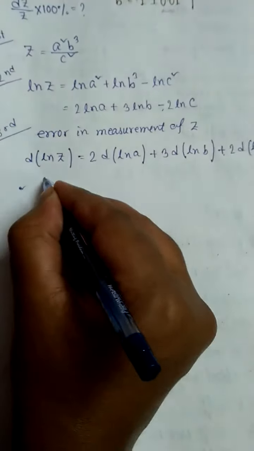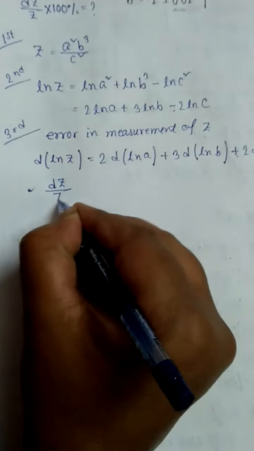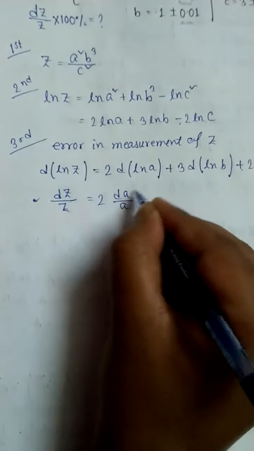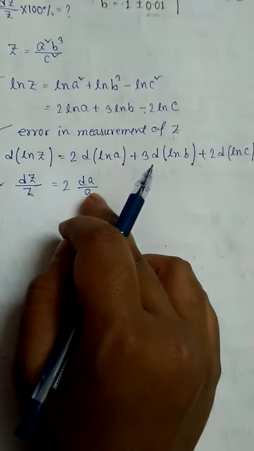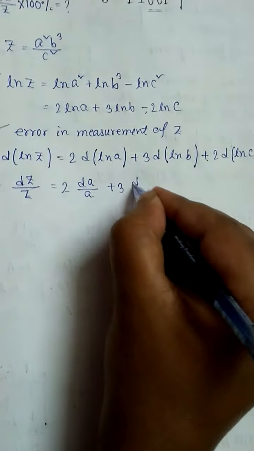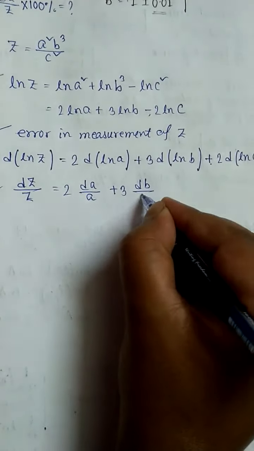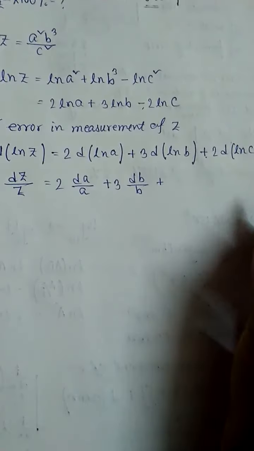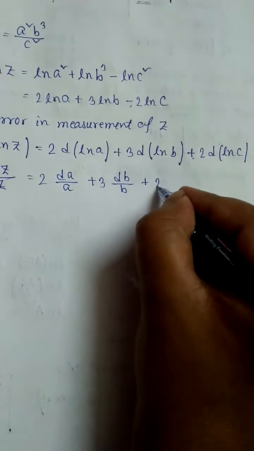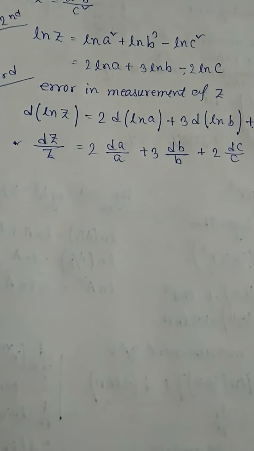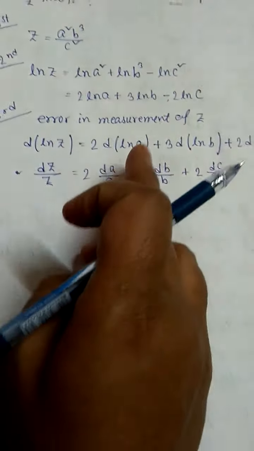Okay, so here it will be dz by z formula, 2 into dA by A. I have just told you the formula, and this is 3 into dB by B, plus 2 into dC by C. Is it okay? Now put the values from here.